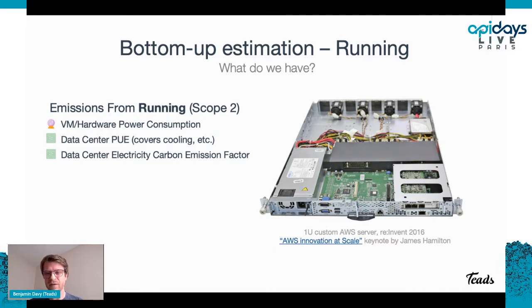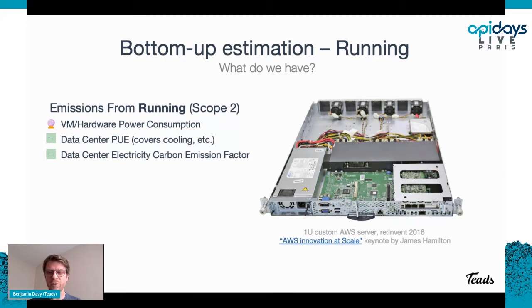This basically tells us the power used for things that are not IT equipment in the data center, like the cooling systems. AWS communicates that all their data centers have a PUE under 1.2. It means that if our server consumes 100 watts, we can add 20 watts to cover for all the things around it that are required to run our machine and consuming power.